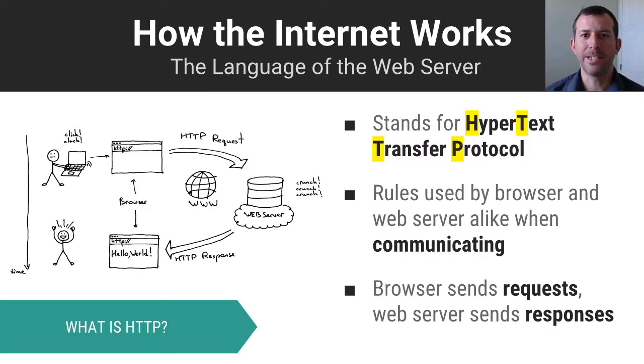He also created HTTP, which is Hypertext Transfer Protocol, which is the language of the web server. This allows your browser and a web server, which hosts the content, to talk back and forth. All the rules that govern how they communicate, HTTP is another thing he invented. This is part of the World Wide Web. So your browser sends requests and the web server sends responses.